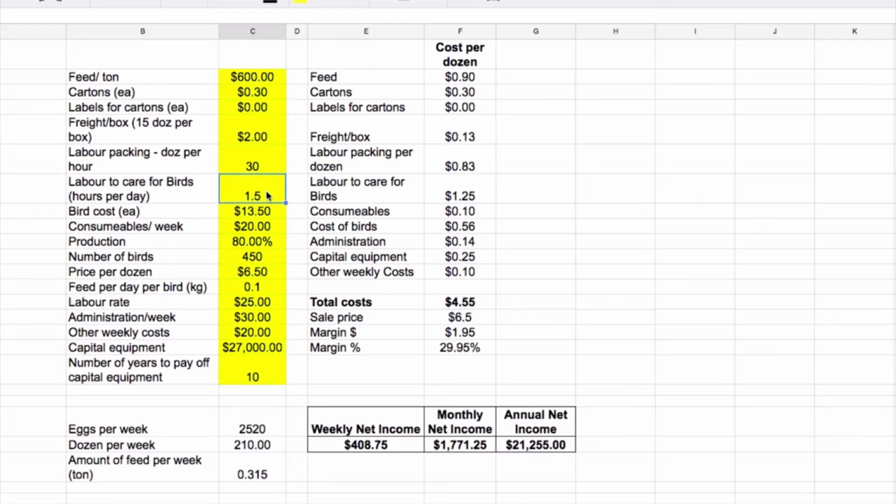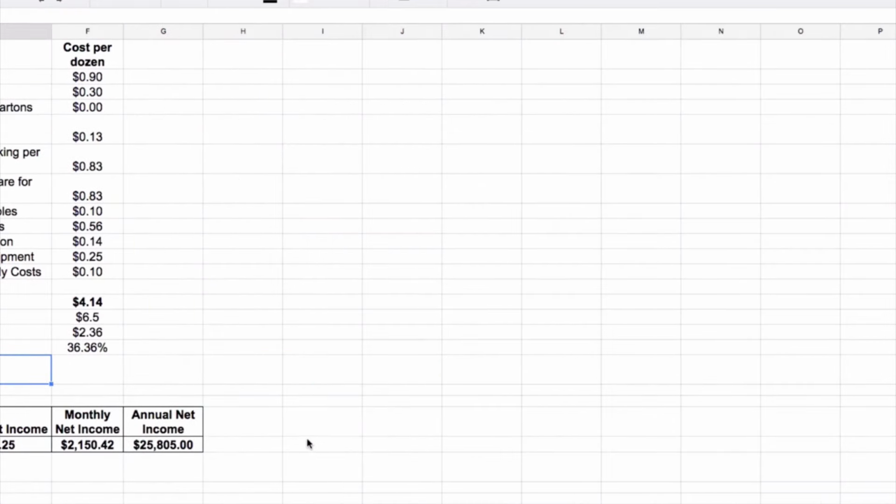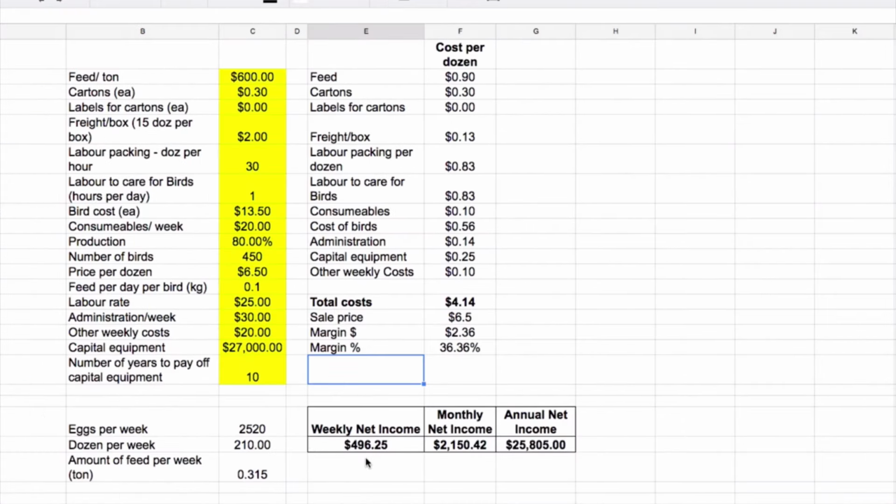So let's just say we're efficient and every day we're making sure we're in and out of there in under an hour. So let's just change that to 1. So look down here, it's currently $408. We'll change that to 1, update. So $408 now jumped to $496, so just shy of $500. Just by making sure we're more efficient at caring for the birds, the time it takes.